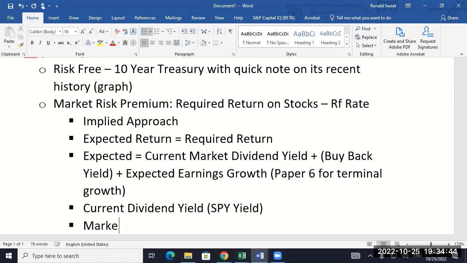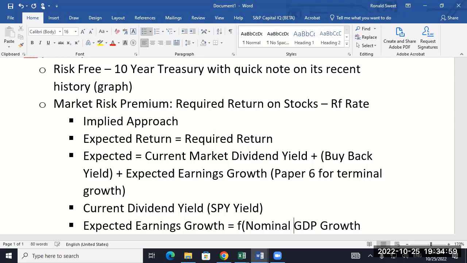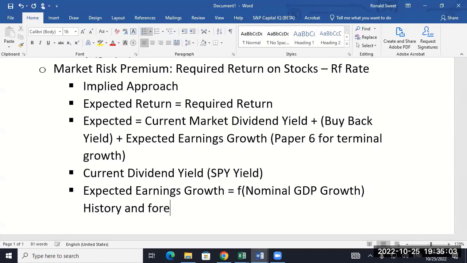I'm sorry, the expected earnings growth is a function of GDP growth, nominal GDP growth, history and forecast. You've got some graphs to help you with that.